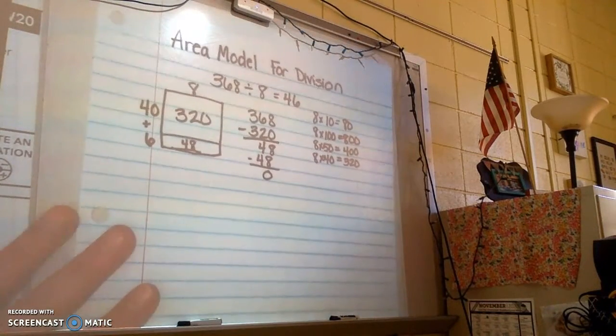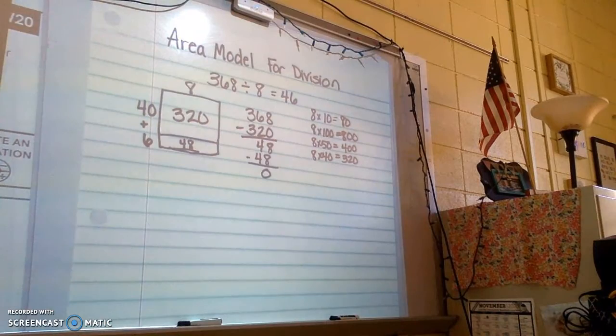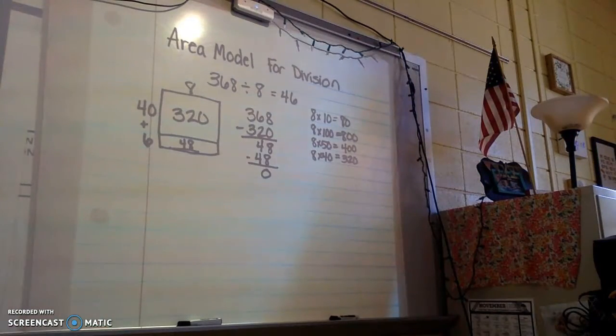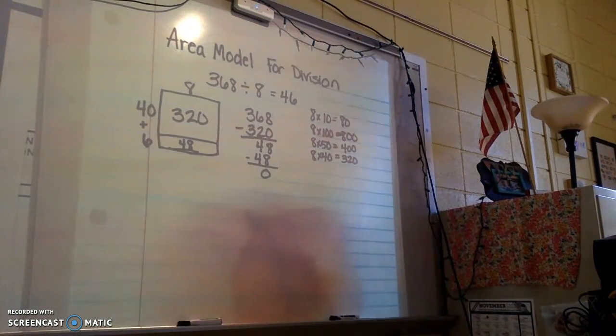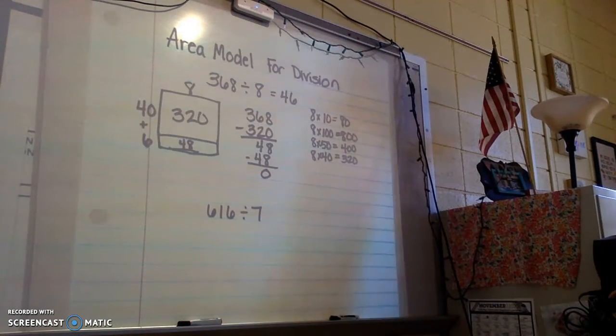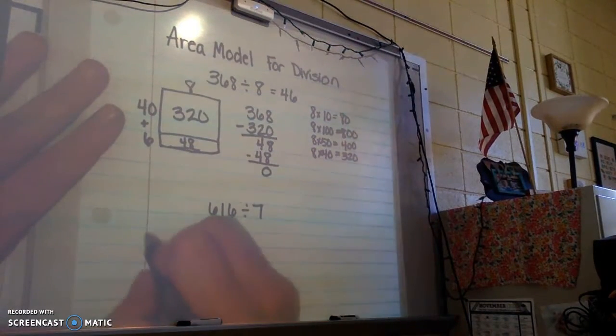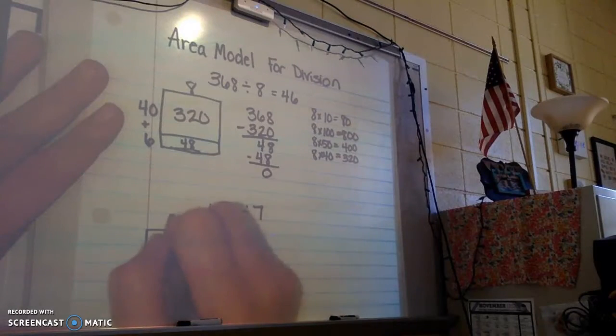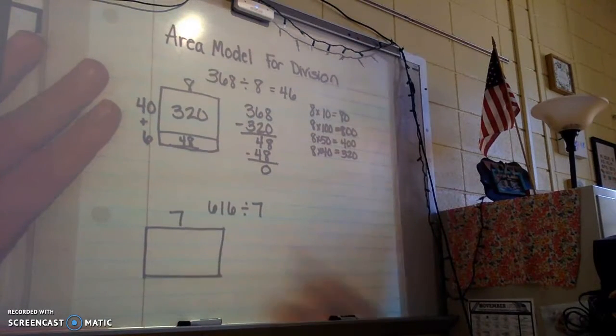Okay, and I can do this again with any problem I want to. This problem I'm going to practice with is 616 divided by 7. So remember, I'm going to start out, I'm going to draw my box. My divisor, or the number of groups I'm trying to make, is going to go on the outside.